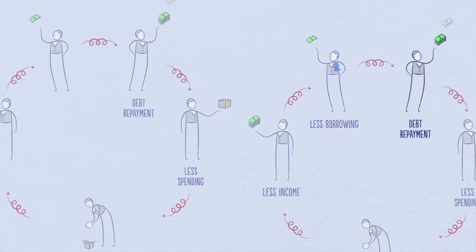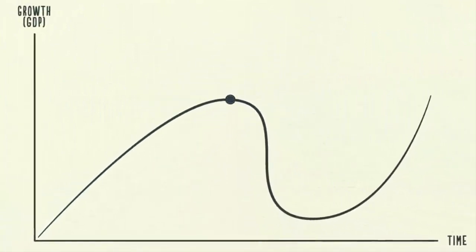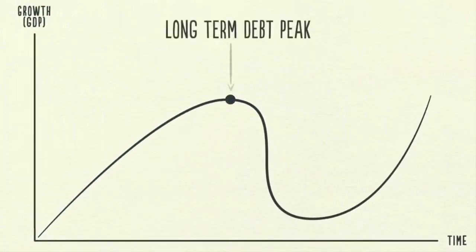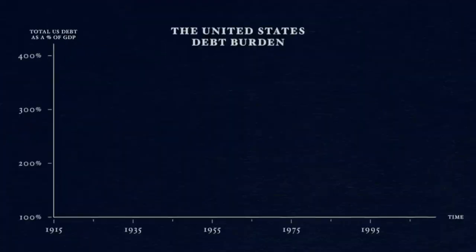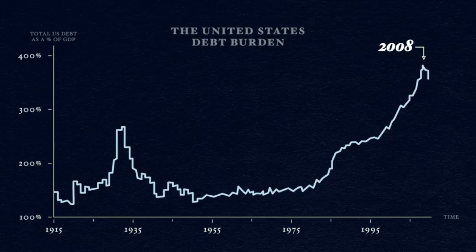Debt repayments continue to rise, which makes spending drop even further, and the cycle reverses itself. This is the long-term debt peak. Debt burdens have simply become too big. For the United States, Europe, and much of the rest of the world, this happened in 2008. It happened for the same reason it happened in Japan in 1989 and in the United States back in 1929.